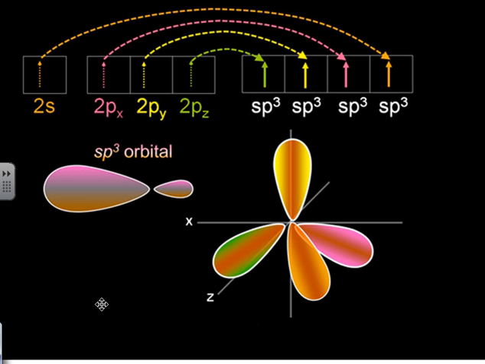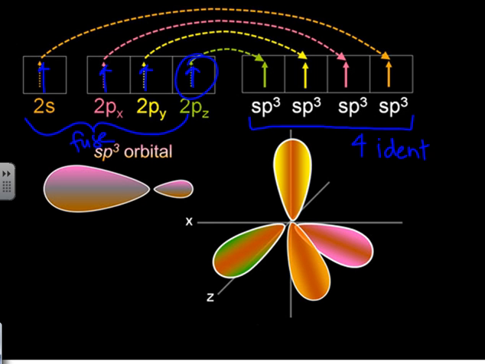What do you end up with? This. So here again, here are my 4 separate electrons, with this one here being the one that got promoted. When that happens, they actually all fuse together and make 4 identical sp3 hybridized orbitals. So I no longer have 1s and 3 p's. I have 4 identical sp3 hybridized orbitals.